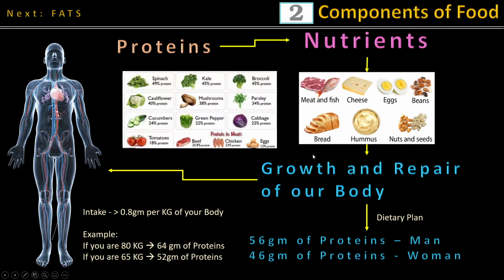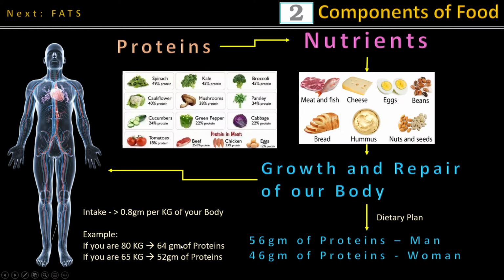What it means for a baby, for a child, for kids, and a little bit more grown up boys, is that their age is not that old and their weight is not that much. So based on the weight, you need to consume protein. For example, I have given an example. If your body is 80 kg, you multiply 80 kg with 0.8 grams of protein, and that will give you 64 grams of protein that you have to consume.